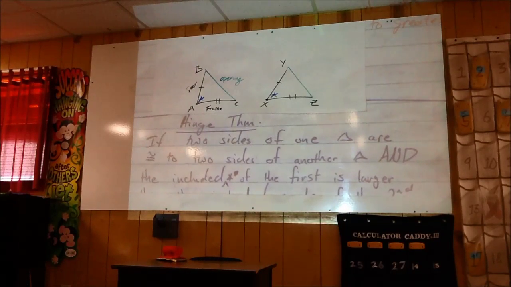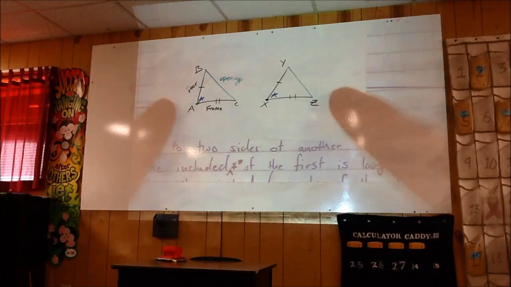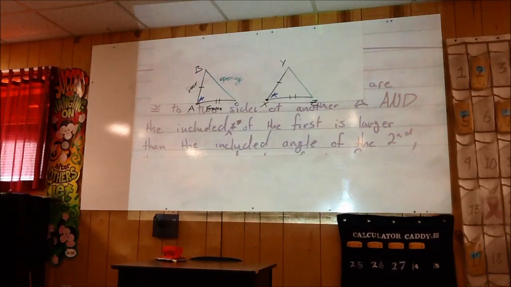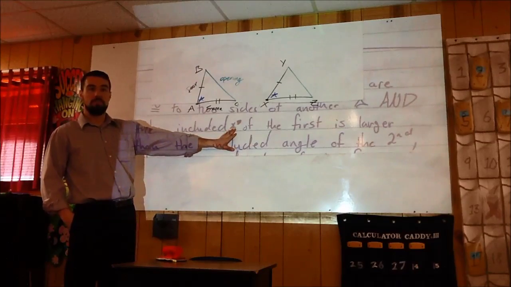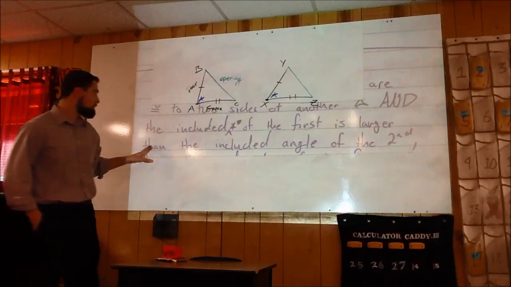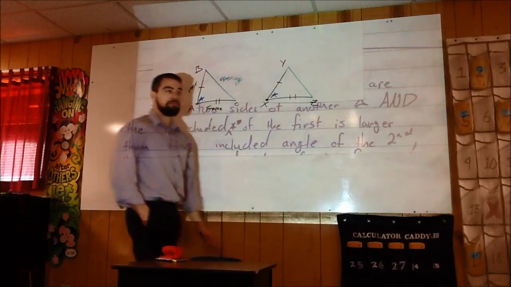So if two sides of one triangle are congruent to two sides of another triangle, and the included angle of the first is larger than the included angle of the second.